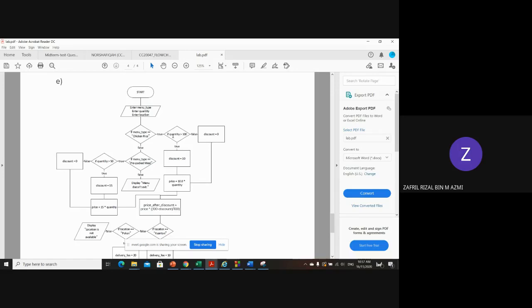Okay, let's say user enters chicken rice, and then user enters quantity 10.